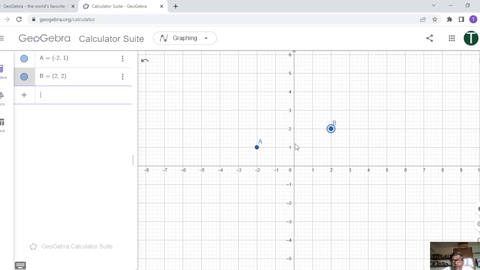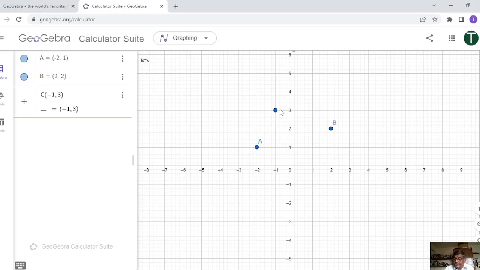So, to uniquely draw the ellipse, I must specify a point on the ellipse. Say I define another point, C. Any point you specify, for example, you make it minus 1, comma, say 3.